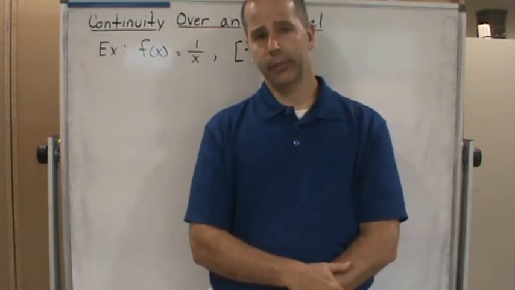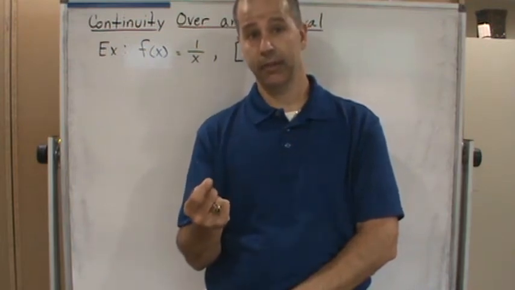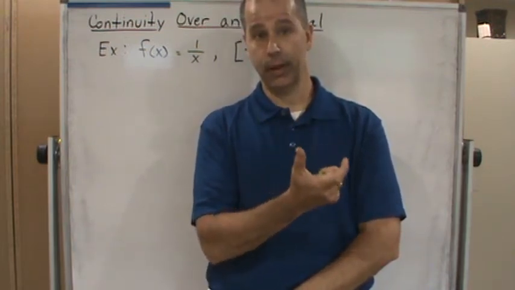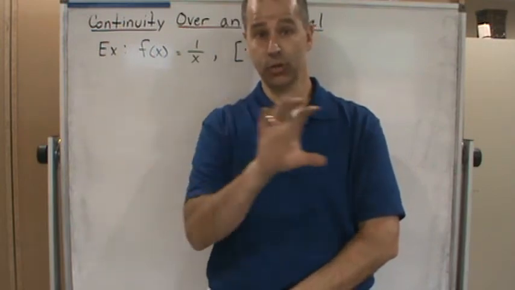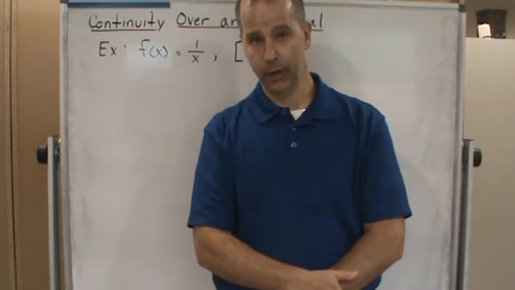So what does the intermediate value theorem tell us? It says that if I have a function that is continuous over a closed bounded interval, which has to be true, and if I don't have that, then I can't even apply the theorem.